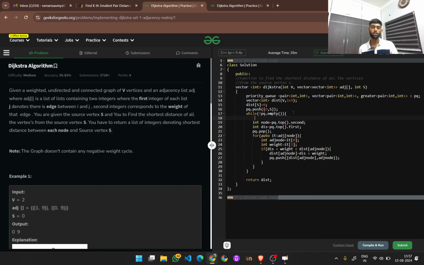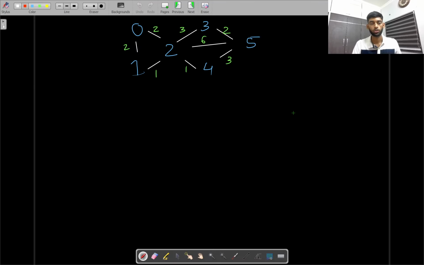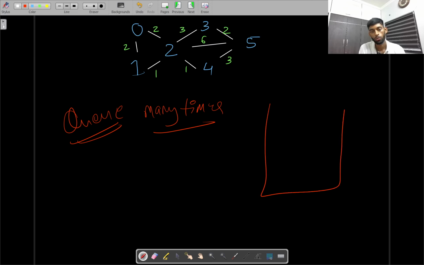Now, why are we not using the queue approach? We are not using queue approach because in queue many times, no, this queue. So the things that are stored in a queue are suppose 10, 5, 11, 4, 6, 3, and 2, 1.